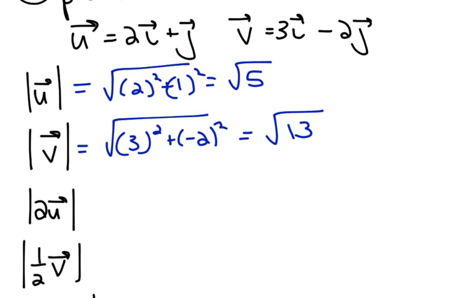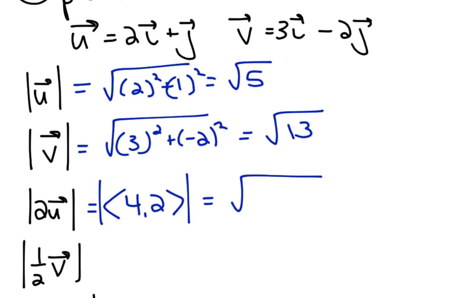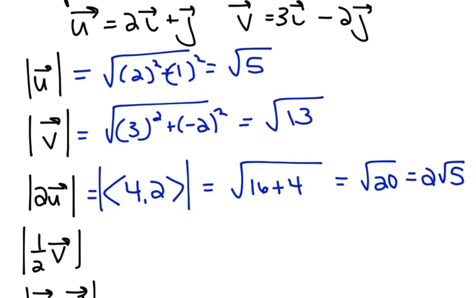The magnitude of 2u, well, first I'm going to find out what 2u is. 2u is going to be <4, 2>. So then its magnitude is going to be the square root of 16 plus 4, which is the square root of 20, which is 2 square root of 5. For 1/2 v, first I'm going to find out what 1/2 v is.